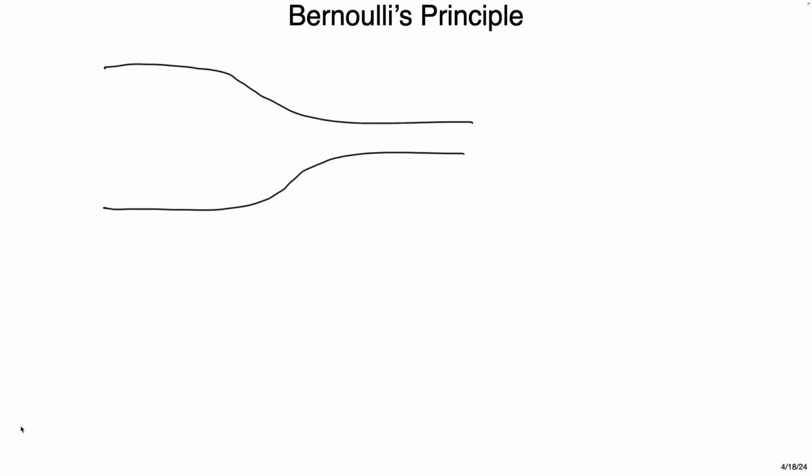Let's say we got a pipe, okay? And this pipe changes its cross-sectional area. So it's got a big area over here, and it's got a little area over here. It's like a circular cross-sectional pipe, okay? And we've got water flowing over here on this side, V1, right? We got water flowing over here. Equation of continuity is going to tell us things.